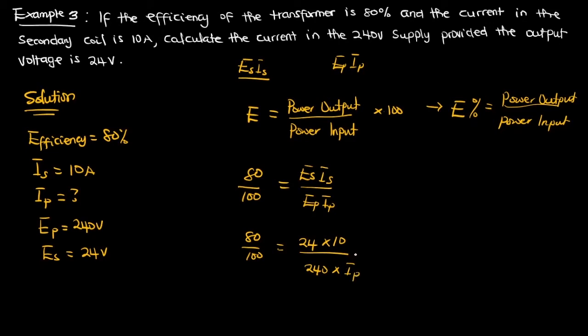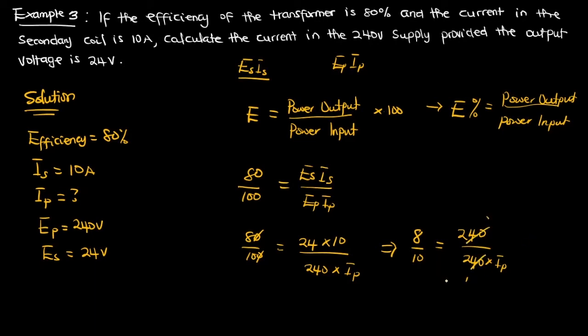So from here we can do a few cancellations and then get our answer. Obviously this will cancel this, so we are done with this side. The top over here, 24 multiplied by 10, is 240, so 8 over 10 is equal to 240 over 240 multiplied by IP. So this goes into itself 1, and here 1.